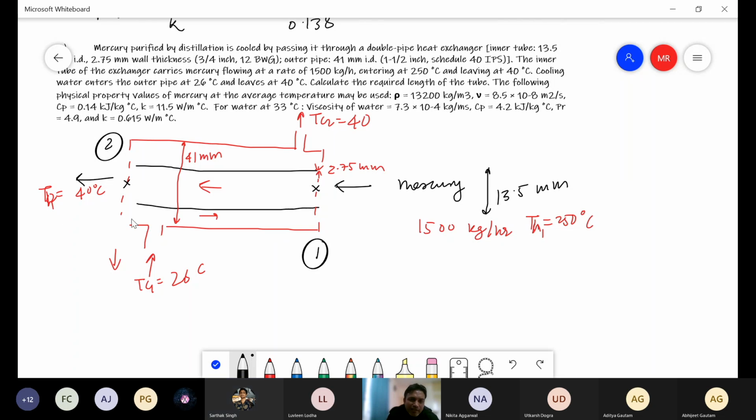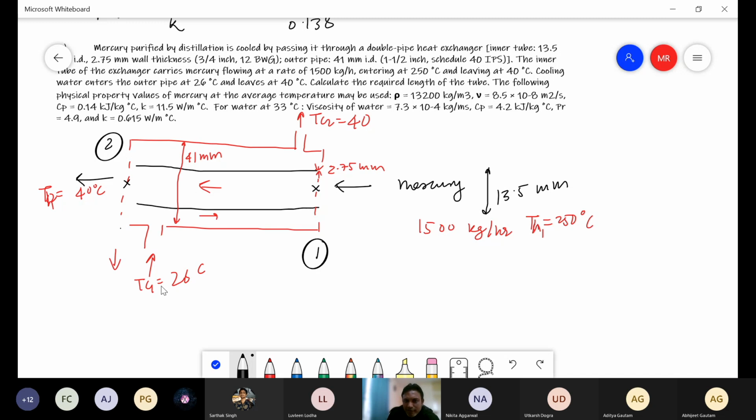Similarly, I can look at the water flowing from end 2 to 1, and calculate how much heat is gained by the water from 26 to 40 degrees Celsius, again by m Cp delta T, but in this case m_c Cp_c delta T. Where m_c is the mass of the coolant, Cp_c is the specific heat of the coolant, and delta T is the change in the temperature of the coolant.